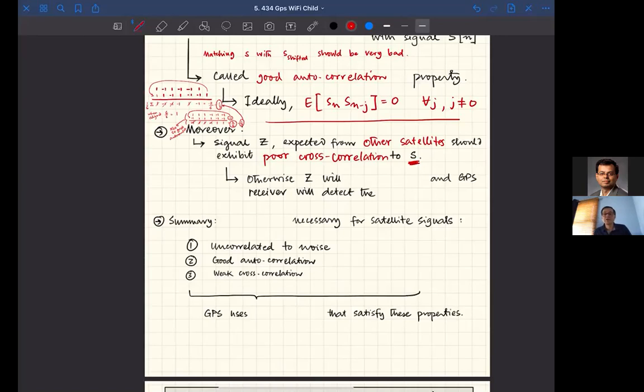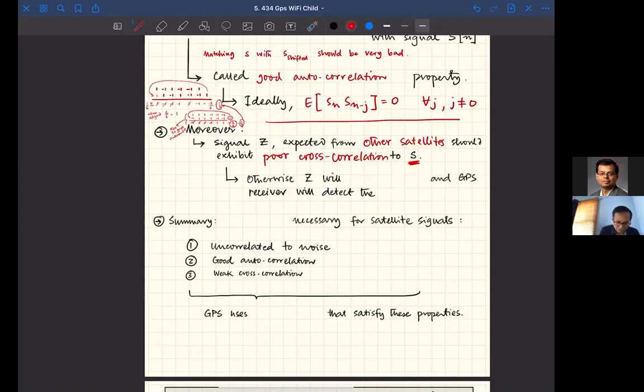Now I am trying to look if satellite 1 is within my view, within my audible range. So I take satellite 1's signal S, which is this. But suppose satellite 1 is not in my view, but satellite 2 is. So if this S matches with Z, then I will incorrectly infer that satellite 1 is in my view.